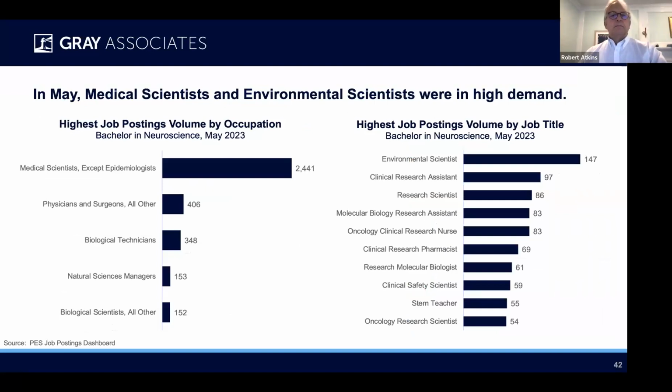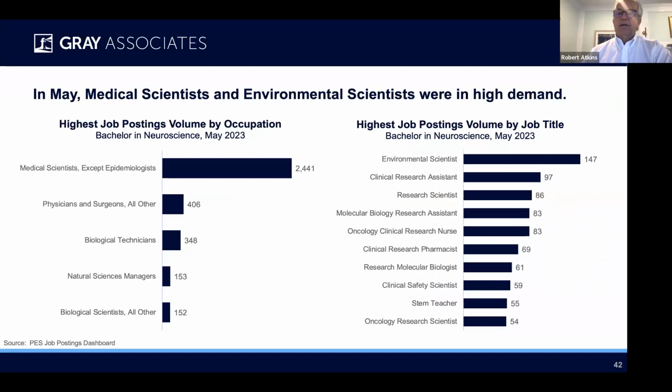Now, what's going on most recently in May, medical scientists and environmental scientists were in high demand. Some 2,500 jobs for medical scientists, excluding epidemiologists. Not surprisingly, we need doctors, but also biotech engineers and technicians, natural sciences managers, and biological sciences.